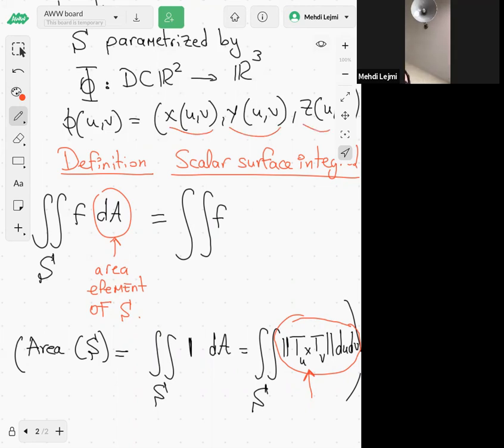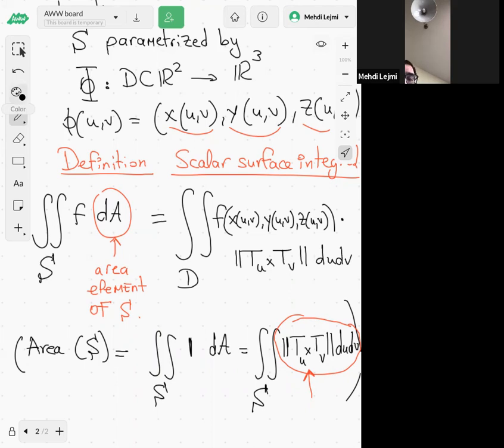So it's f of x(u,v), y(u,v), z(u,v), times the area element, which is the norm of T_u cross T_v, du dv.